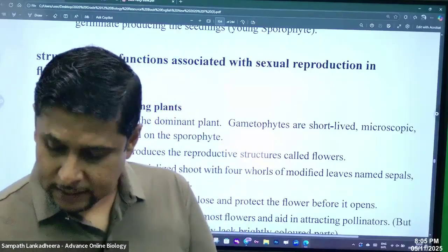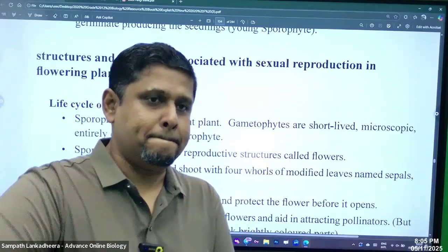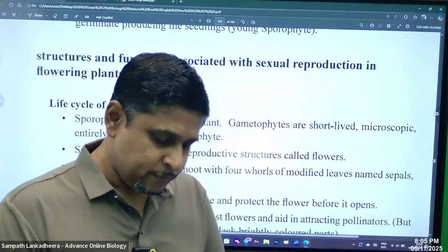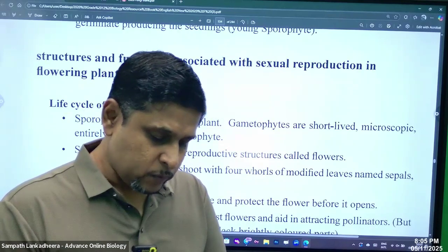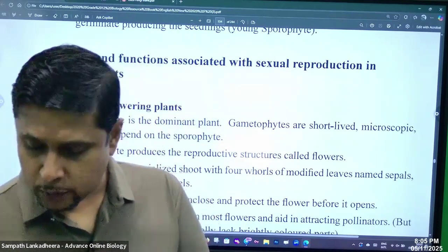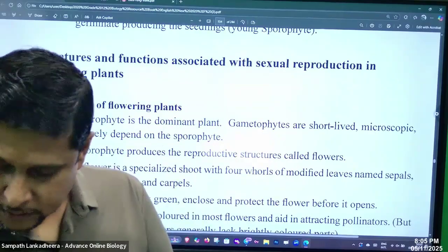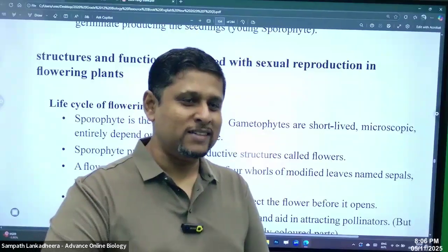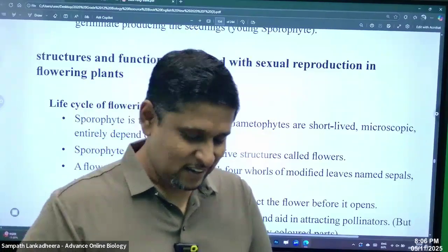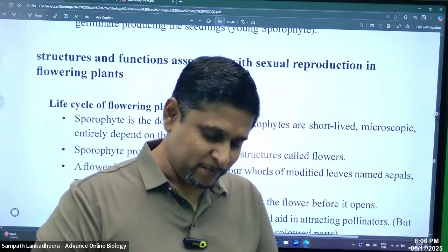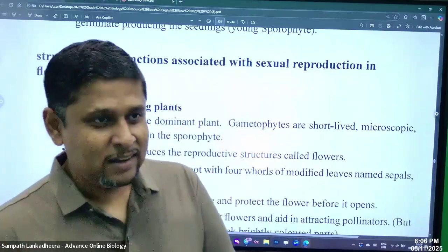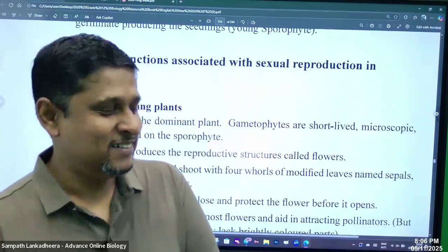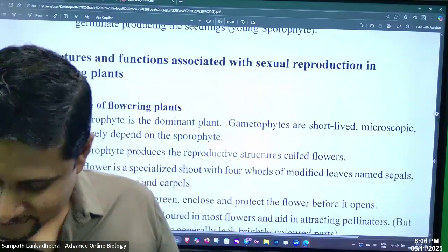A flower is a structure with microsporophylls. It's a collection of microsporophylls and megasporophylls, a cluster of microsporophylls and megasporophylls, right? So let's pay attention to the formation of flowers.